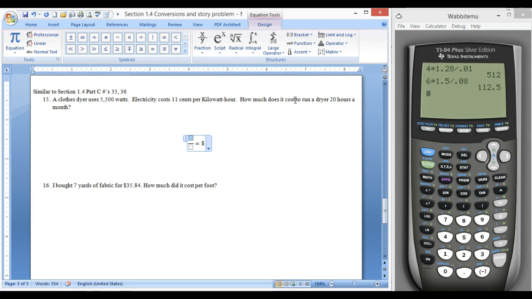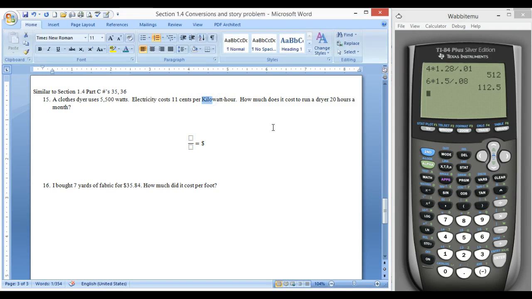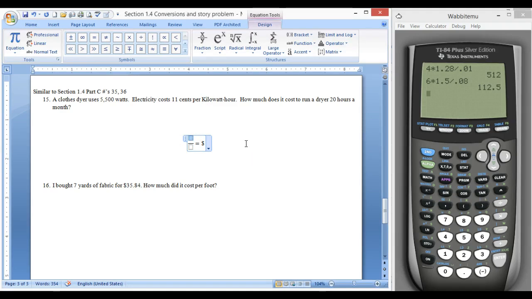Okay, so I was told a clothes dryer uses 5,500 watts, and I was told about kilowatts. Now if you watched the Khan Academy video, you know that kilo means 1,000. So I need to change this from 5,500 watts to kilowatts.